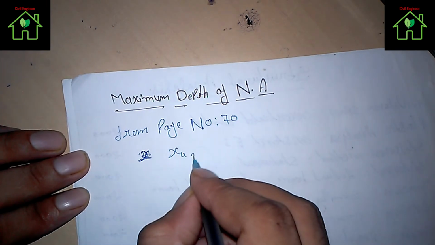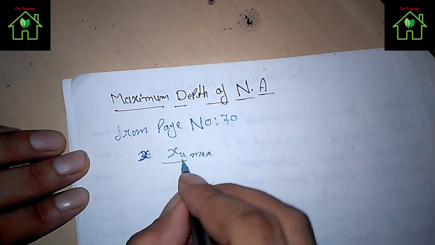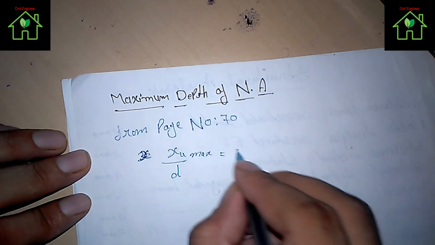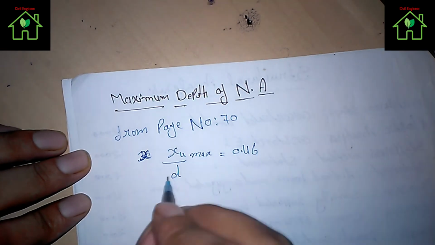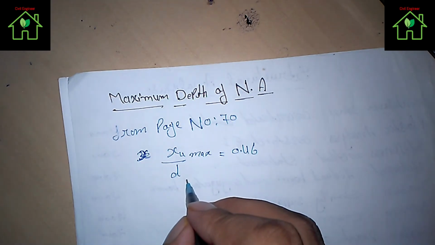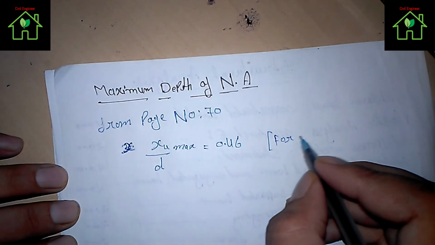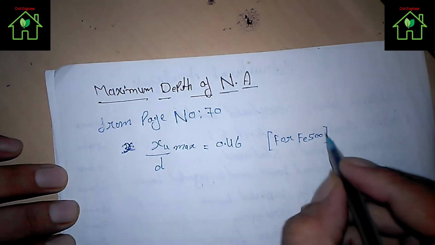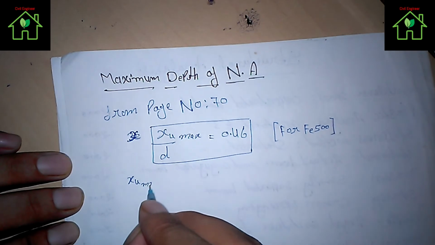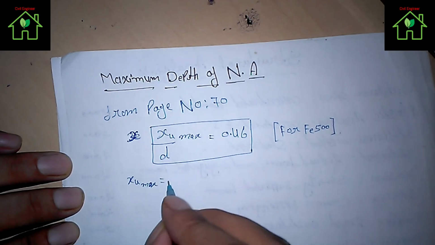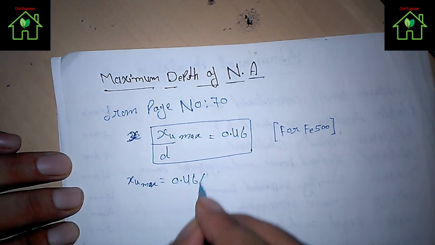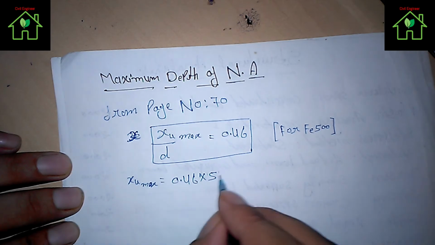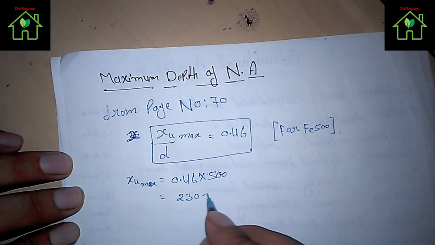Xu max divided by d, effective depth, is equal to 0.46. This value we have got from page number 70 for Fe 500. Xu max is equal to 0.46 into 500, that is 230 mm.